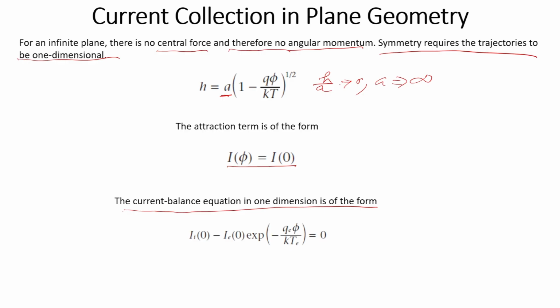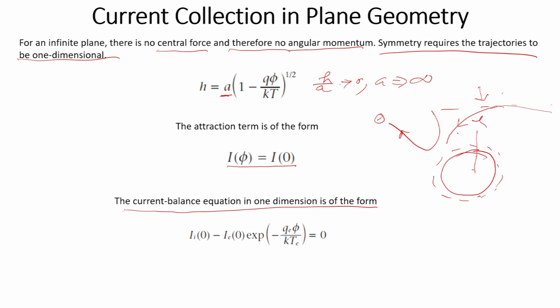This part we are going to discuss in more detail, that is the current balance equation. Suppose I consider the case of a sphere. The sphere has already accumulated negative charges because of the low mass of the electrons. After that it will repel the electrons, and it will attract the positive charges. So, this is your impact height.